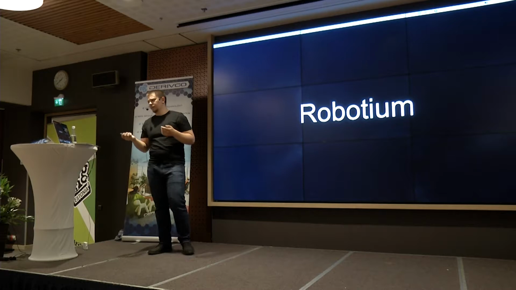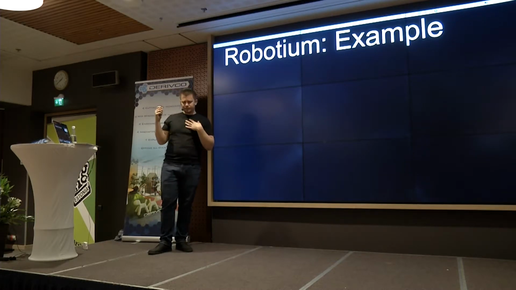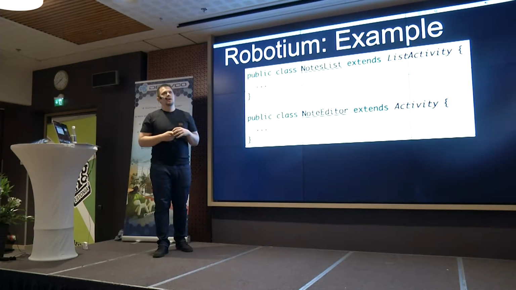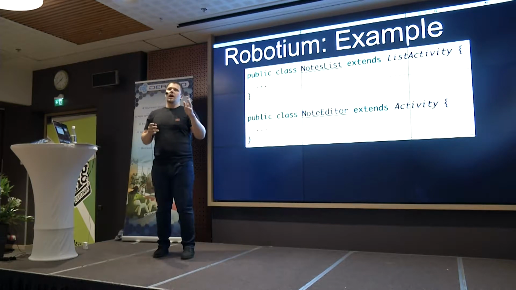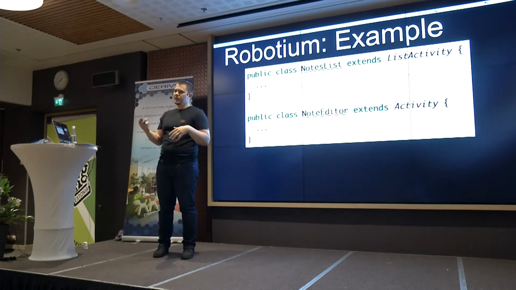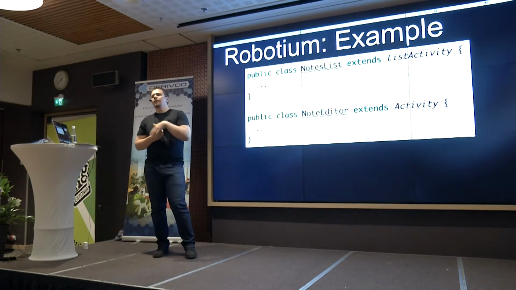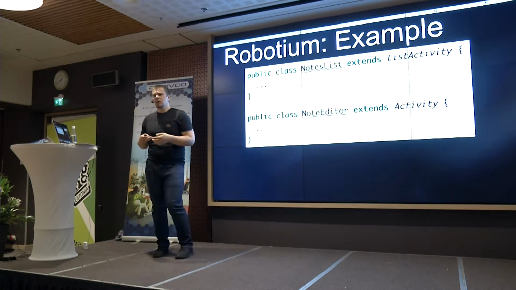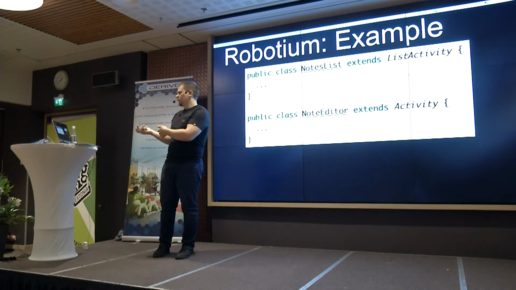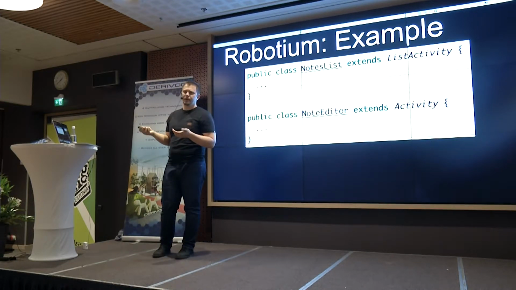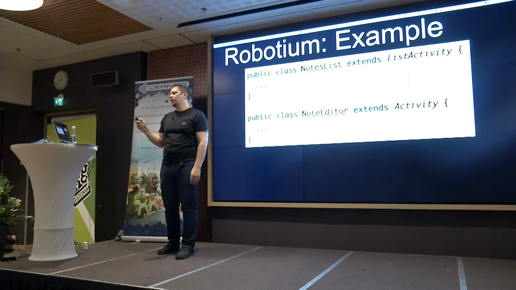So in terms of the examples, this use case, by the way, I brought mostly from the official Robotium website, a slightly trimmed version, so you can always take a look. But the idea, imagine you have a Notepad application with two main activities, the note list and note editor. Regardless of what they do, they extend the activity. That's the only thing you need to know.